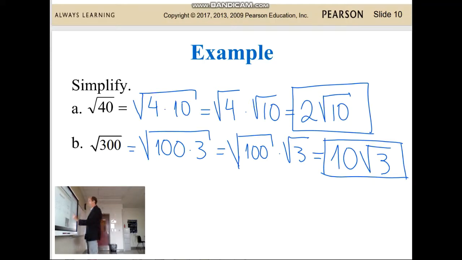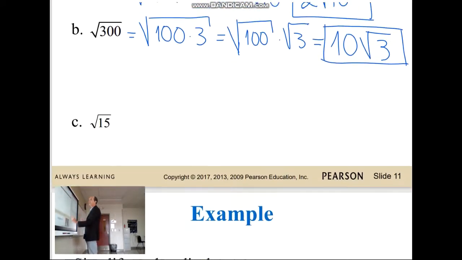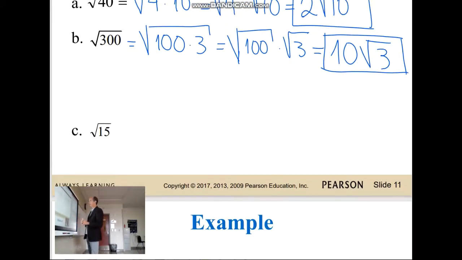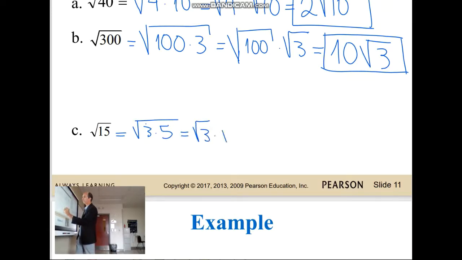Next, I think we have a few more examples. Yes, letter C. Here on letter C, we can try, but you're not going to find anything that we can simplify. 3 times 5, square root of 3 times square root of 5.